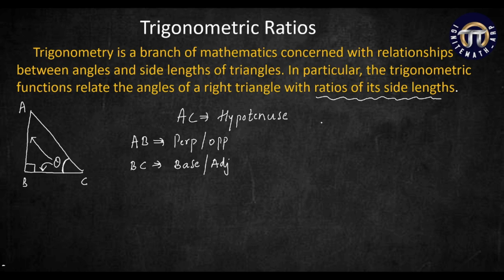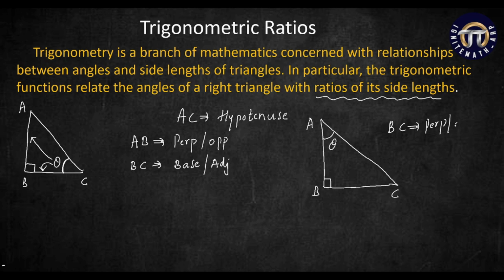Say for example, I'll take one more right angled triangle over here. This is A, B and C. This angle is the right angle. If I am taking theta over here, for this triangle BC becomes the perpendicular or opposite, and AB becomes the base or adjacent.